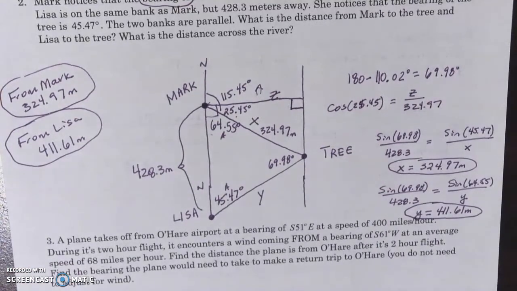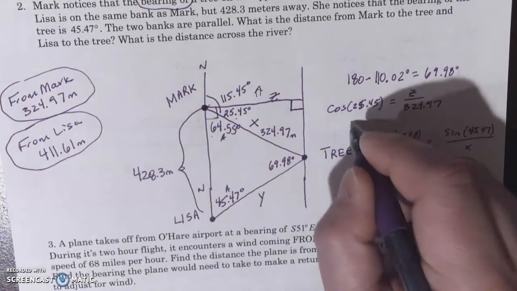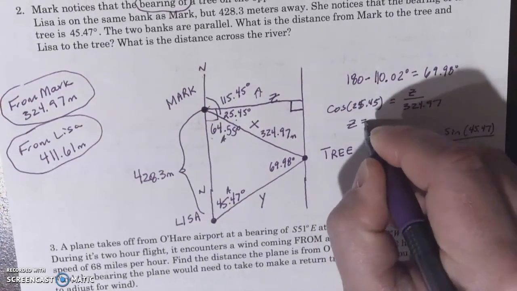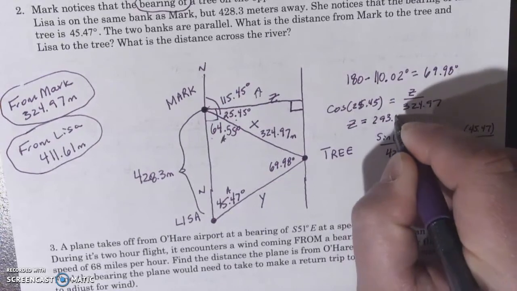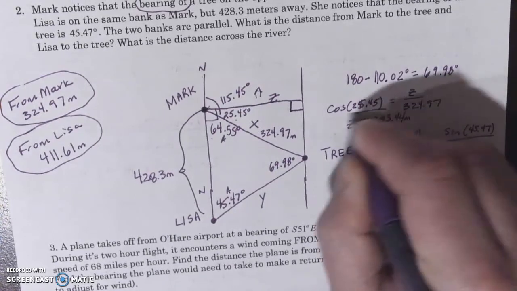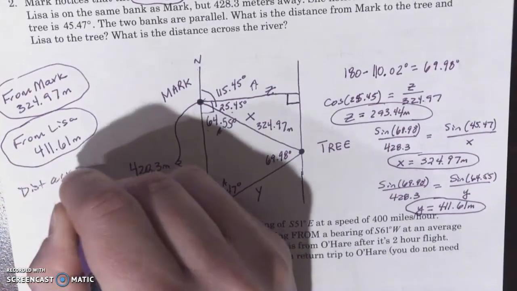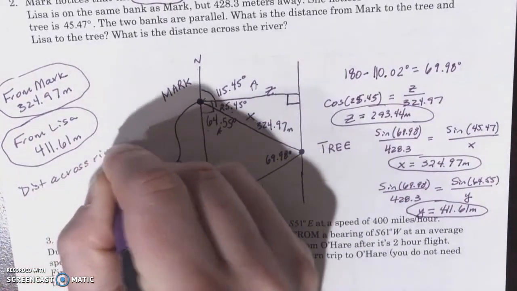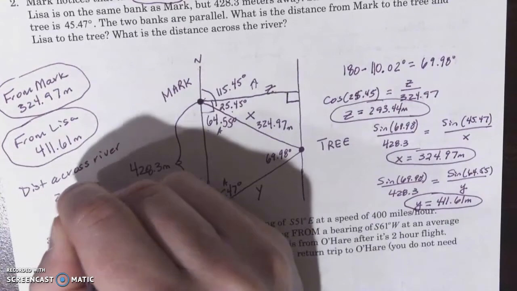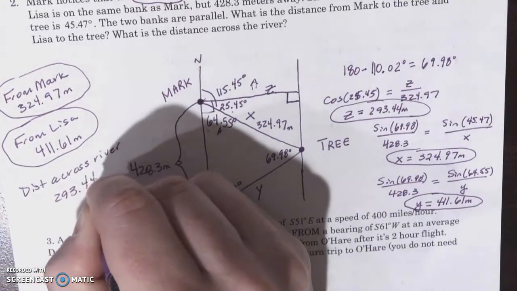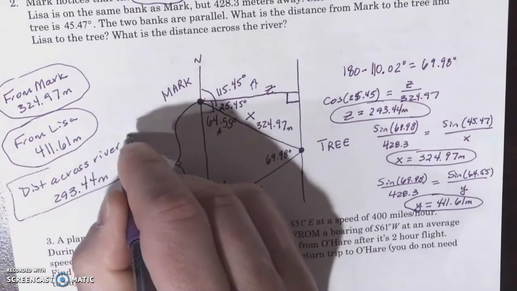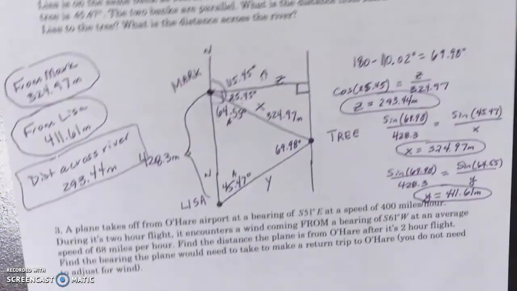Multiply both sides by 324.97 and plug into your calculator, and we would get z equals 293.44 meters. So distance across the river, 293.44 meters. And that's it for example 1.